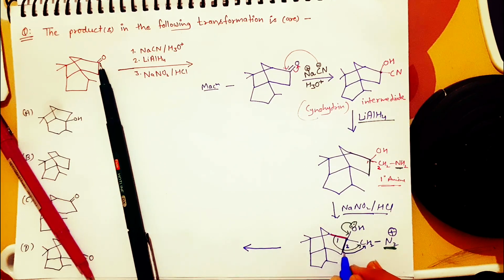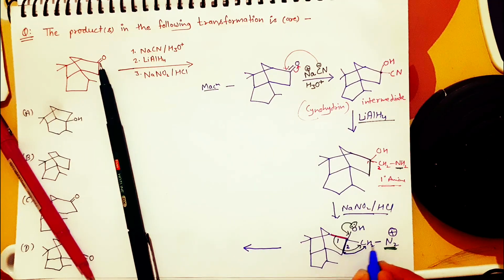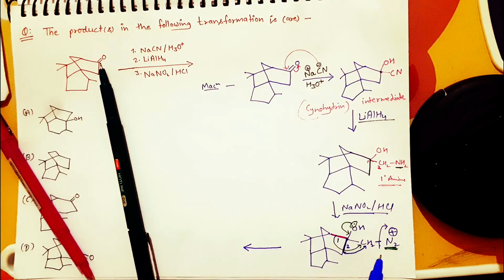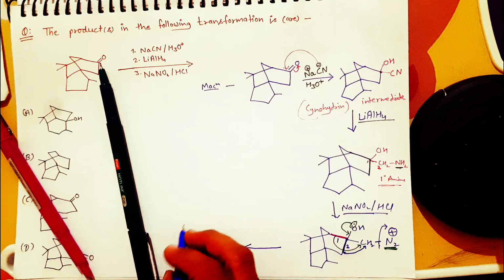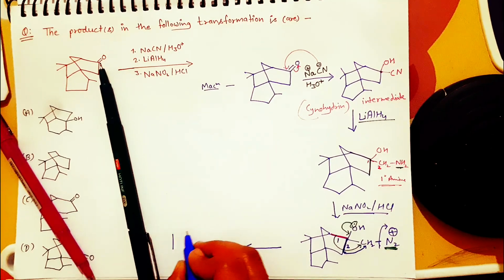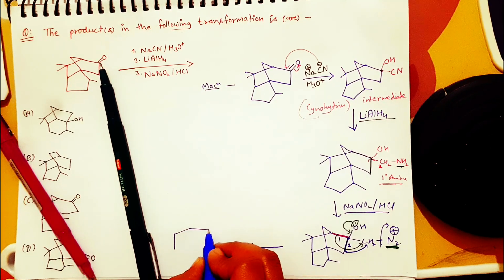So this bond will migrate here, and this diazonium leaves the compound, and here a carbocation is formed. To fulfill the electron deficiency of this carbon, this bond will migrate here, and after the migration, what do we get?